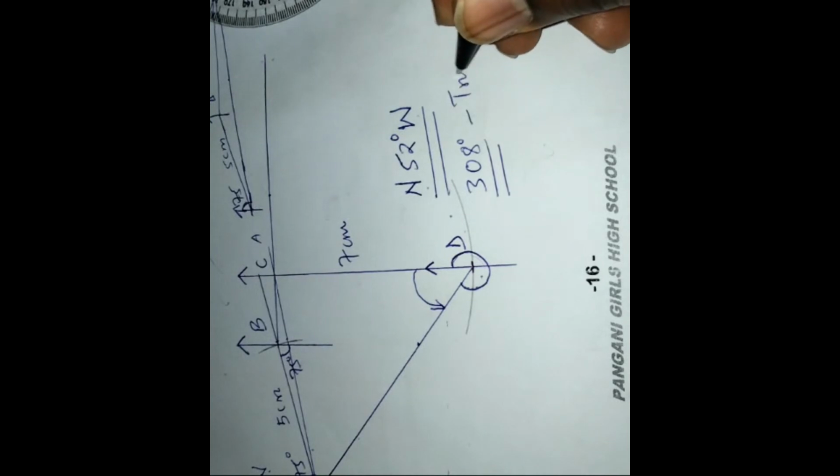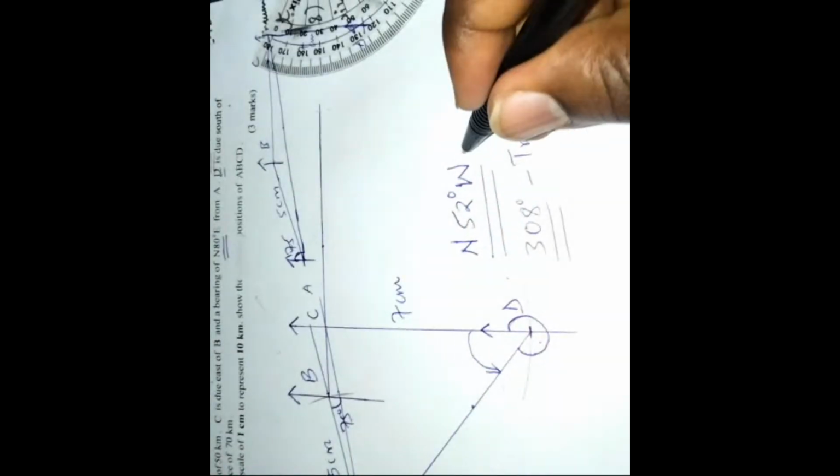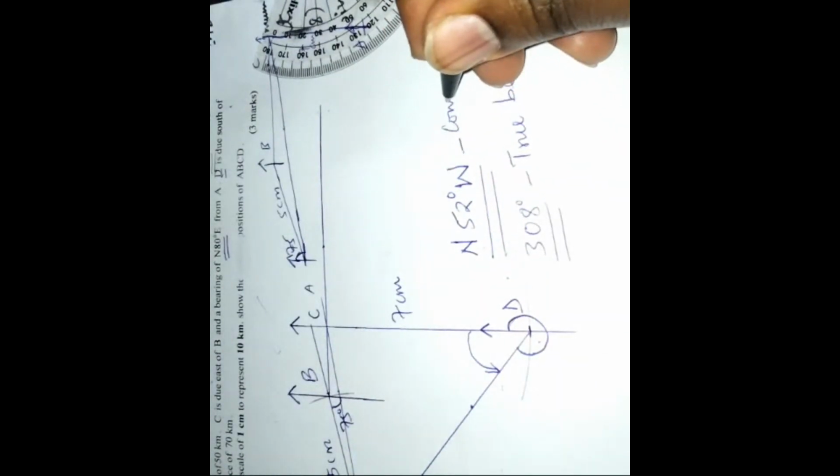This is called the true bearing, which has to be measured from the north in the clockwise direction. This one is the compass bearing, which is measured either from the north or from the south, and it has to be an acute angle. So those are the two bearings.